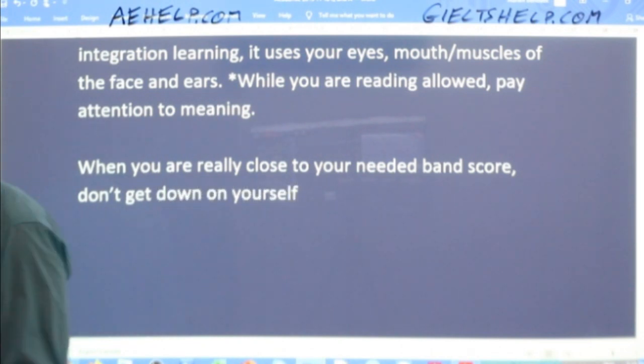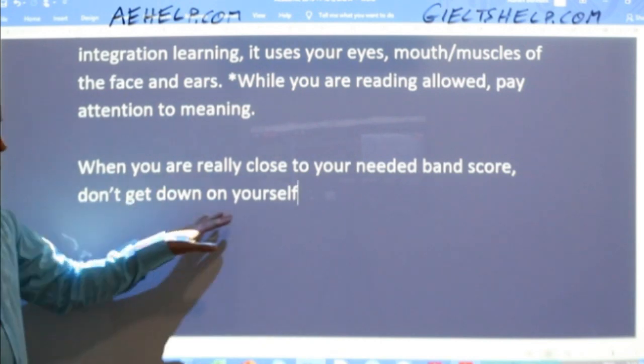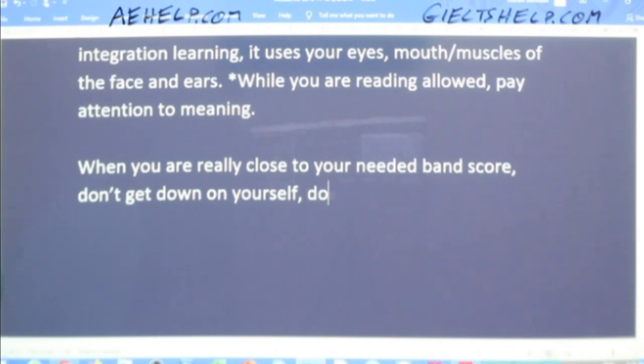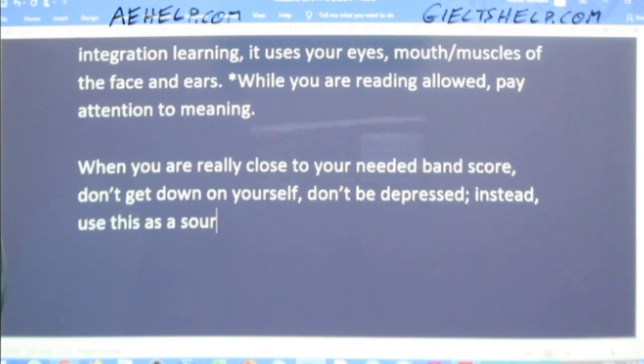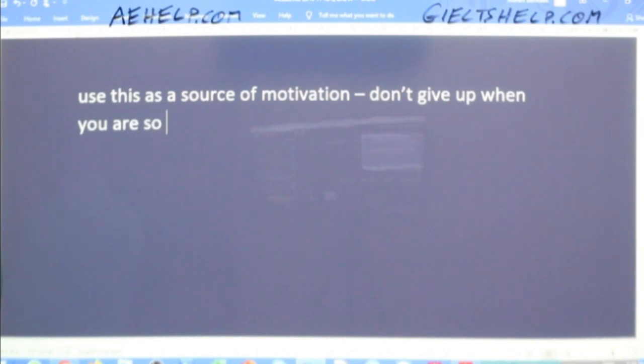Okay? Don't get down on yourself is another idiom or expression, which means don't become depressed. Okay? Instead, use this as a source of motivation. Meaning, don't give up when you are so close to the finish line, okay?